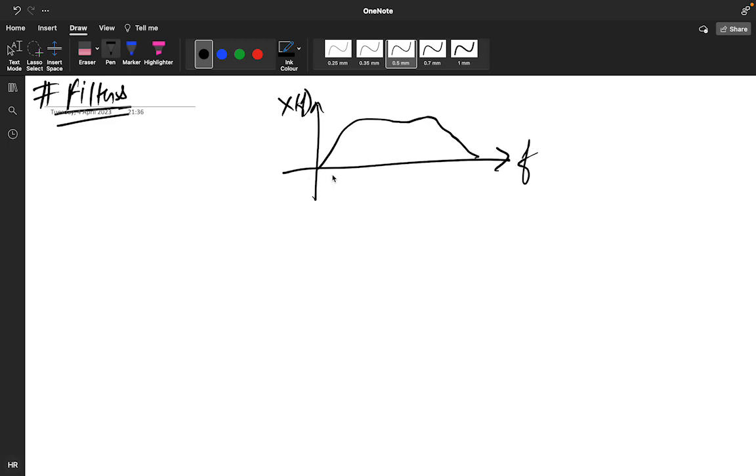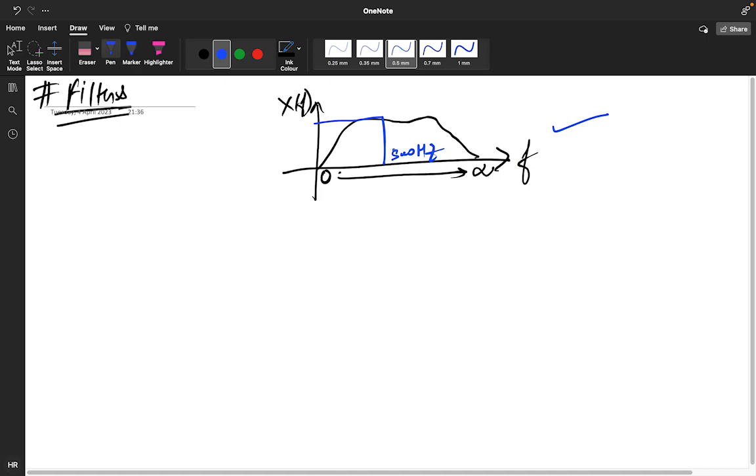From 0 to infinite frequency range you are getting a curve like this, but you want only this particular part, from 0 to 500 hertz. So you will use a low pass filter.